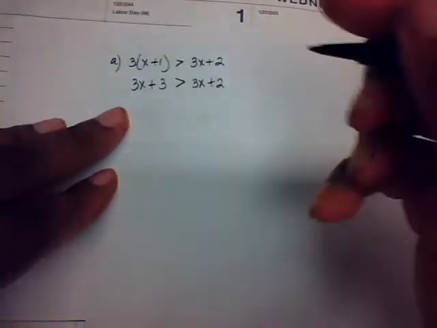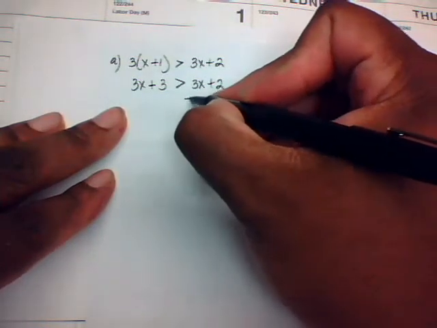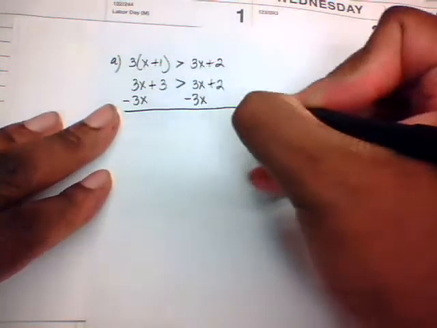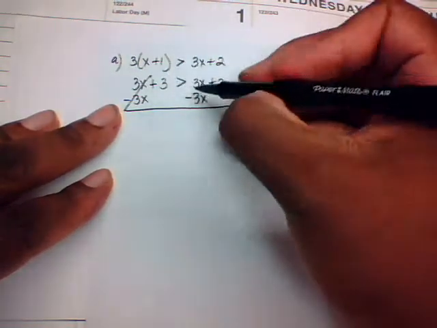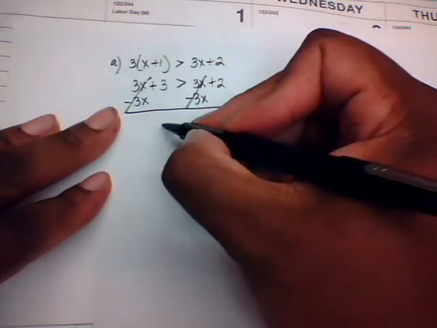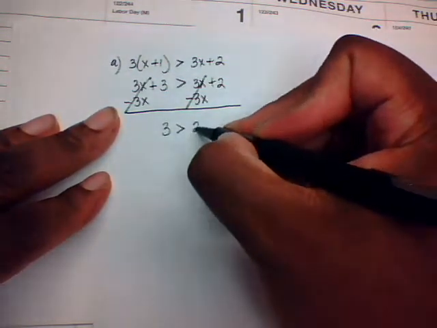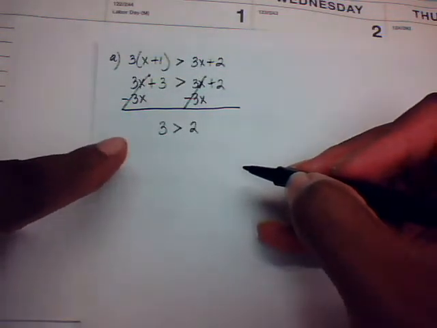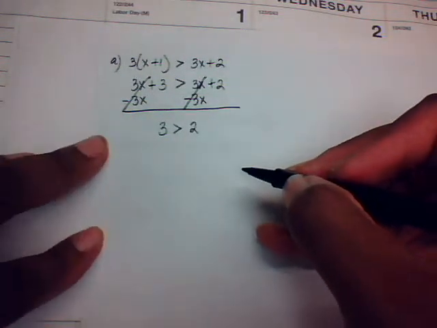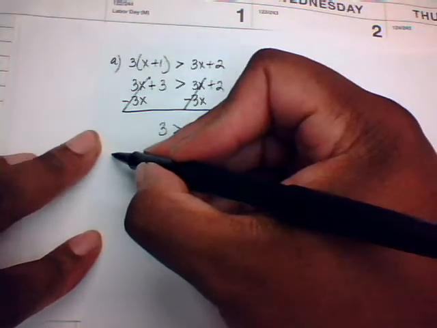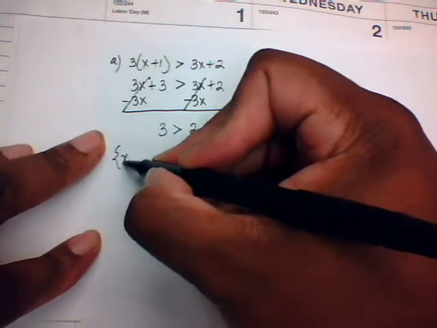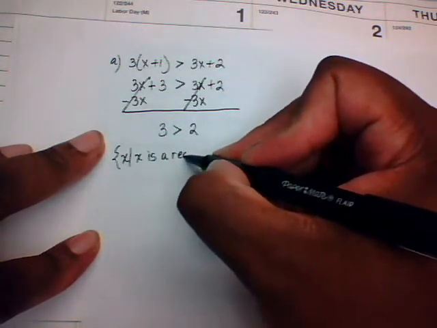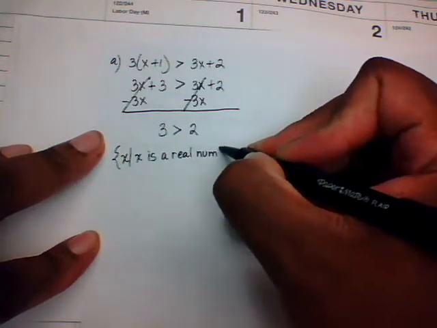Now the next step is to get the x's on one side. Now watch what happens when I subtract 3x from both sides. On this side, the 3x's are gone. This side, the 3x's are gone. I got 3 is greater than 2, which is a true statement because 3 is greater than 2. So that means my solution set is going to be the set of all x such that x is a real number.